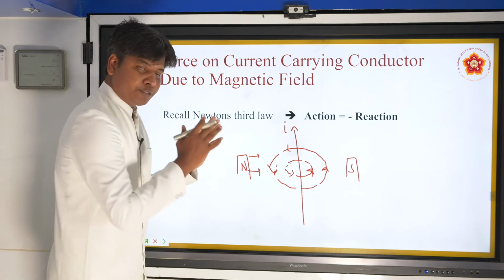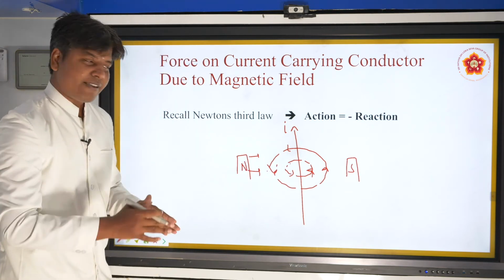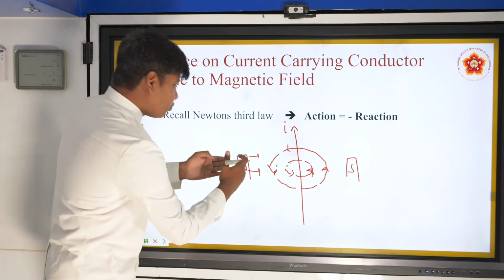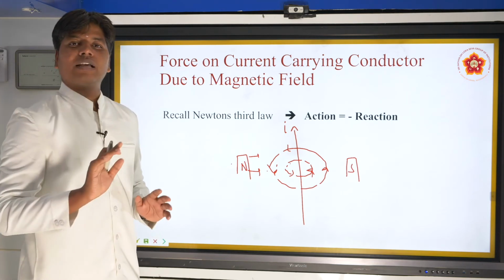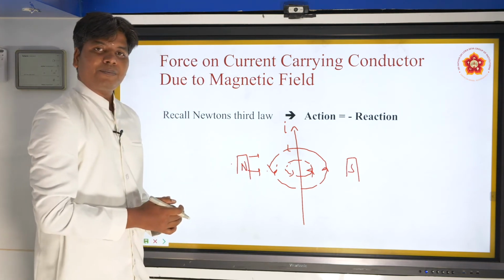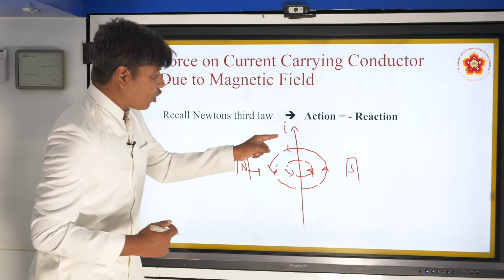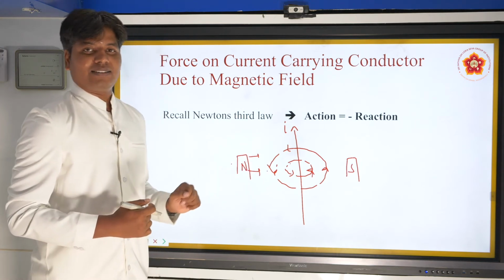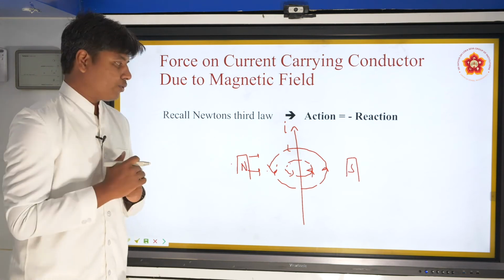This bar magnet will experience a force due to this current carrying conductor, and in the same way this conductor will experience a force due to this bar magnet. If the force on the bar magnet we call action, then the force on the current carrying conductor we call reaction. Okay, and it will be in the opposite direction, that we know.